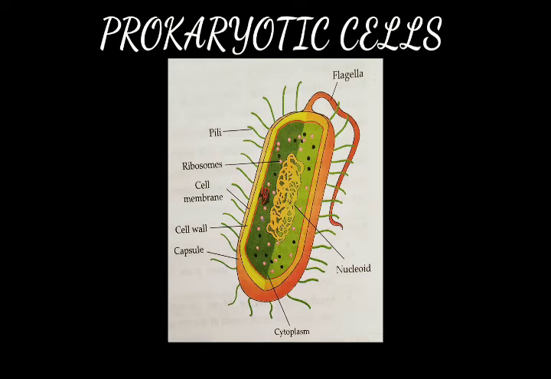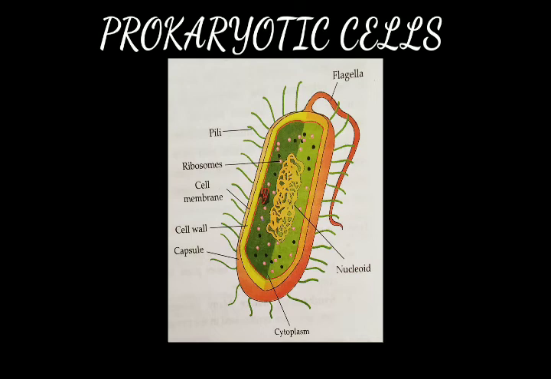Cell organelles are not present, or very few cell organelles are present. That's why they are known as primitive or prokaryotes, right? In place of nucleus, they have nucleoid.